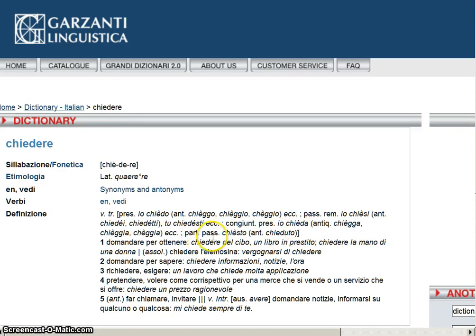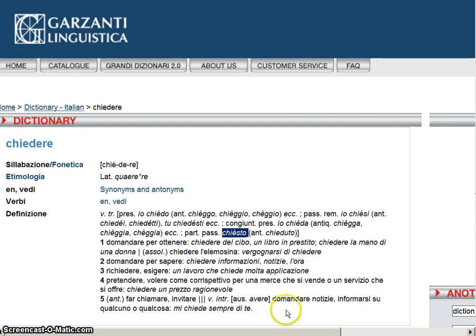So in order to make sure that you place the stress when you pronounce on the correct vowel, there is this little accent mark. You don't have to write this thing. Again, that is purely for phonetic purposes.